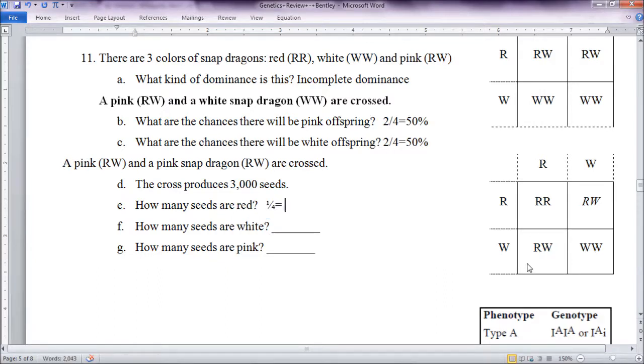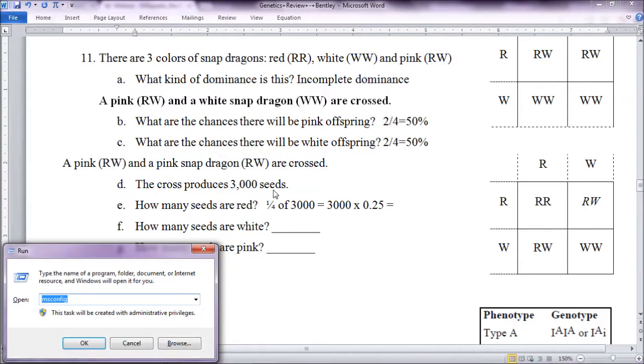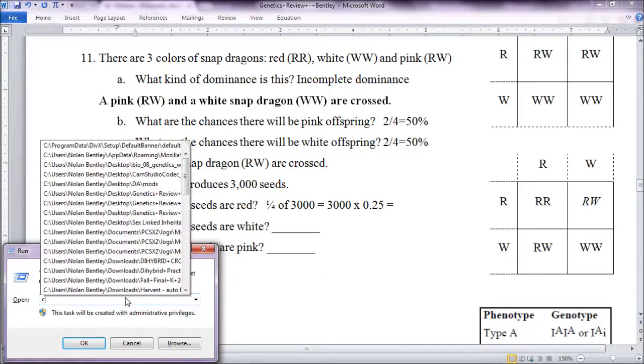Well, 1/4 of 3,000 is the same thing as 3,000 times 0.25, which is the same thing as 1/4. That calc.